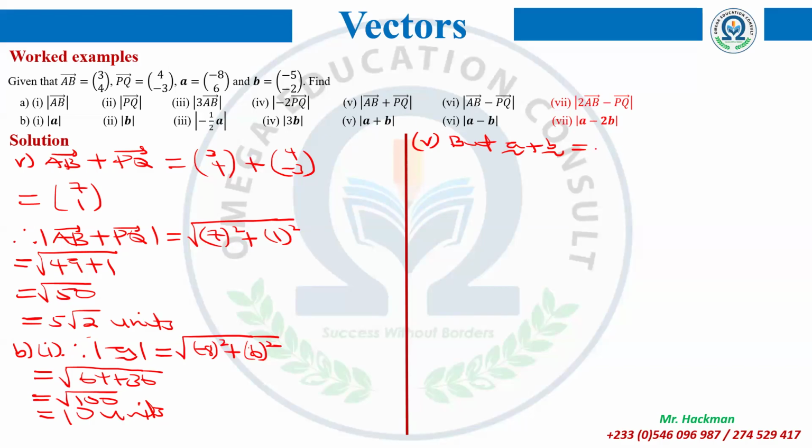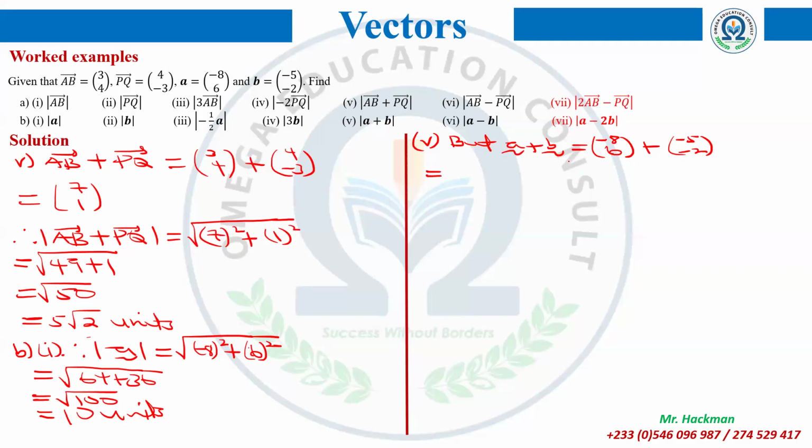What is my A? A is the vector, so plus my B vector. I'll come and indicate the corresponding components. So A tilde plus B tilde: A is minus 8, 6. B tilde is minus 5, minus 2.